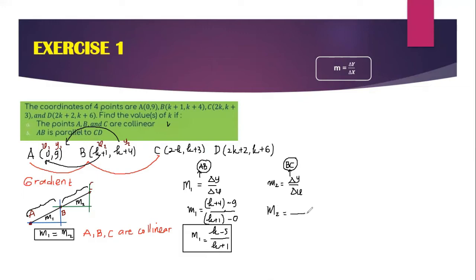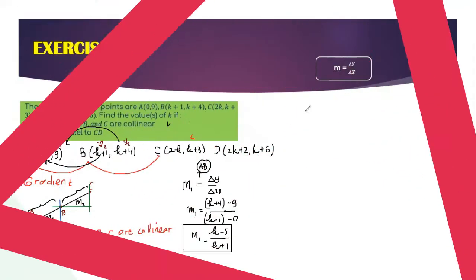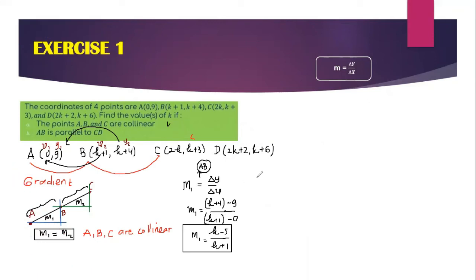M2 equals delta y over delta x. M2 is the line connecting BC, right? So delta y over delta x for points B and C. Now y2 minus y1 for BC: M2 equals y2 minus y1, so k plus 3 minus k plus 4.